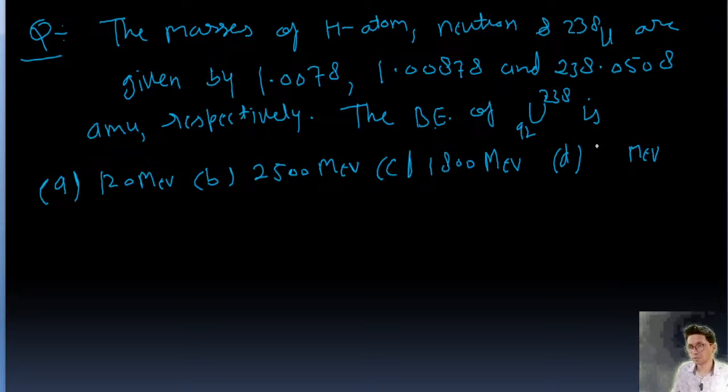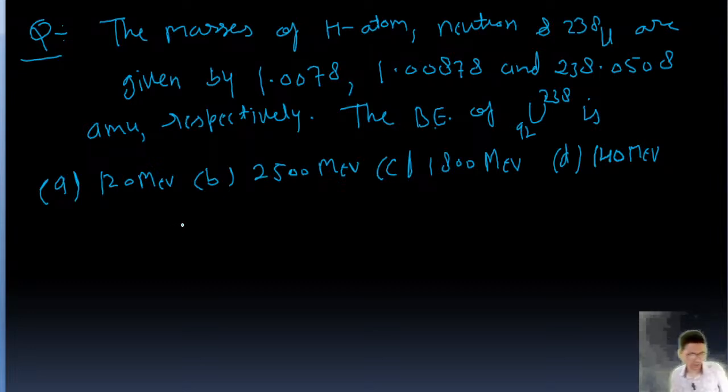So this is the question. The masses of hydrogen atom, which means proton, and neutron and uranium 238 are given, and we have to find the binding energy.